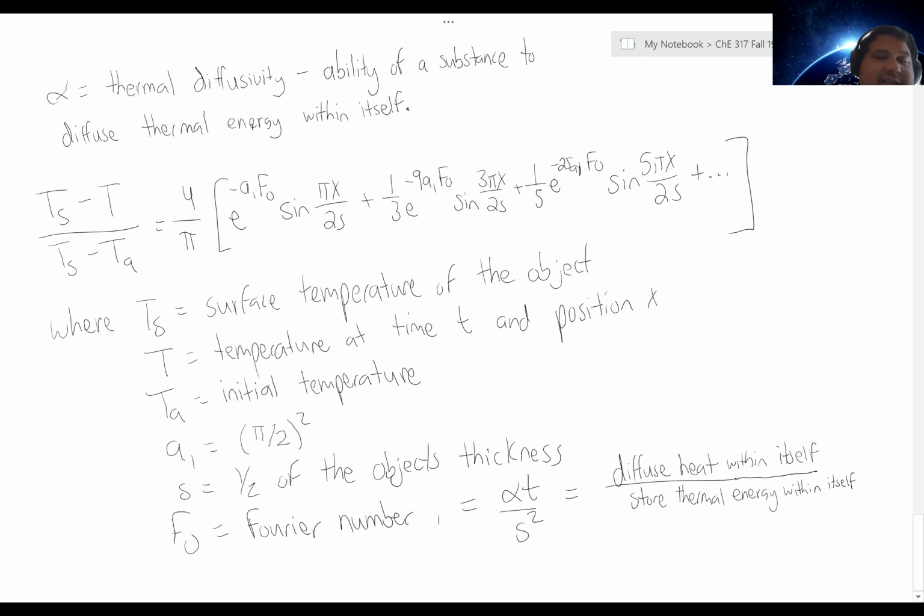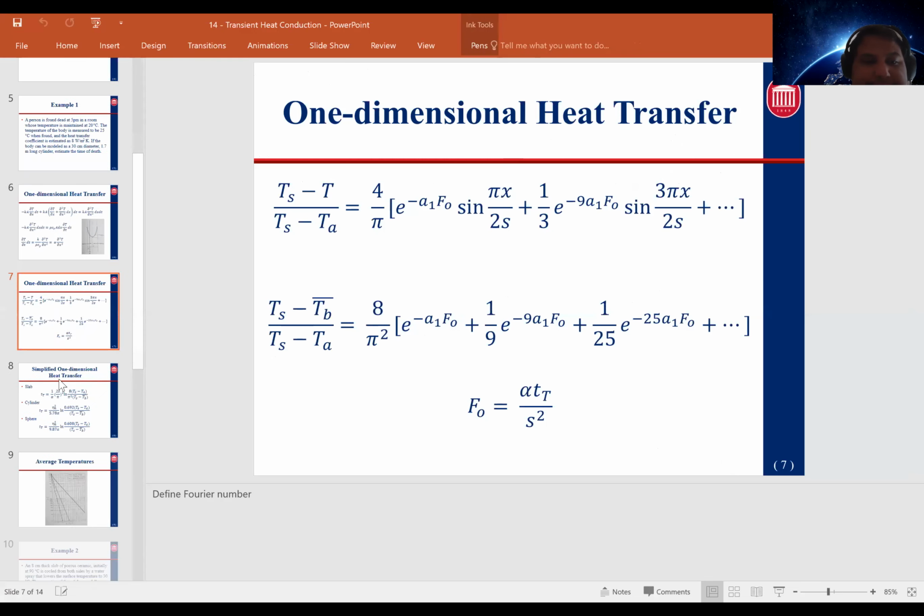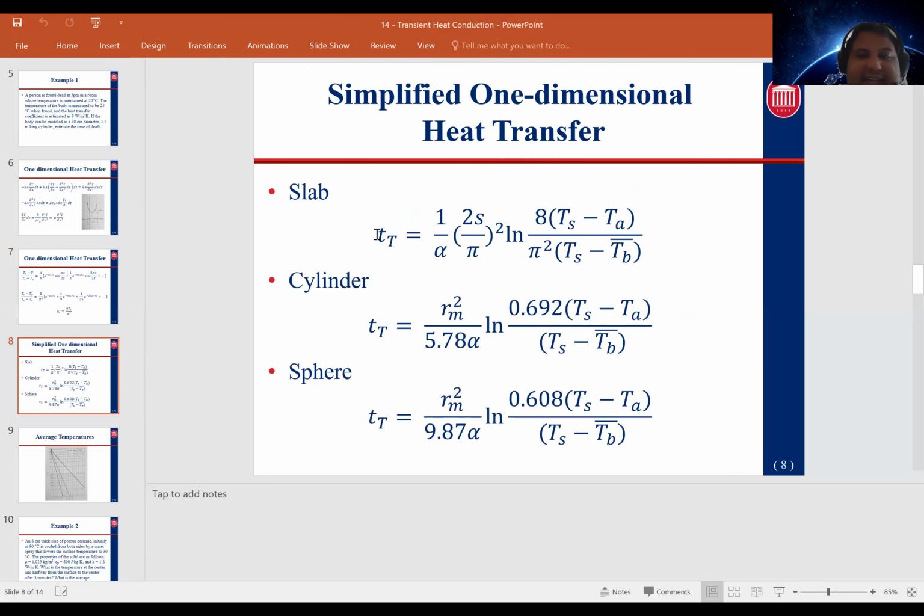And there's a few other expressions that we can look at for sake of time, as well as considering systems associated with directly solving for time for a one-dimensional slab, cylinder, and sphere.